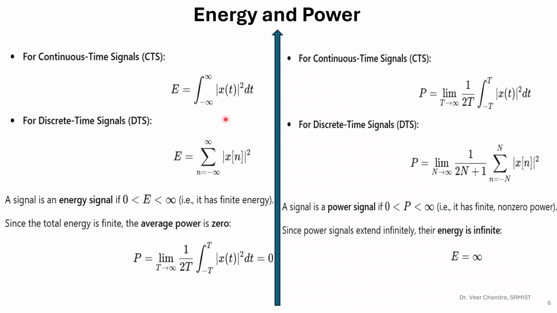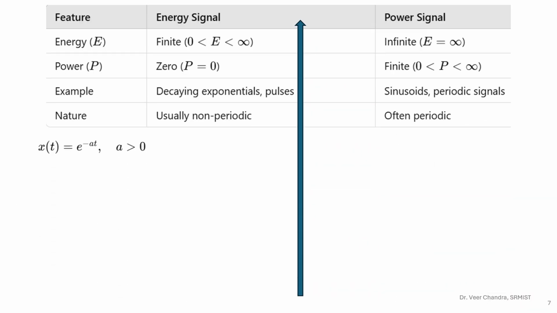Energy you calculate from x squared dt, and for power, calculate that energy over the particular time period only and divide by the time period, 1 by 2T, and you get the power for that particular signal. Here we will see the example. So for an energy signal, the energy is between 0 and infinity and the power is 0.